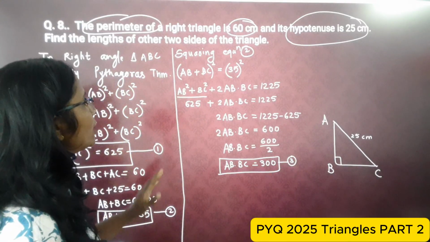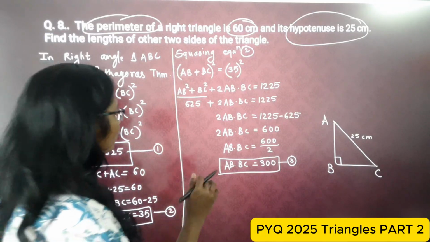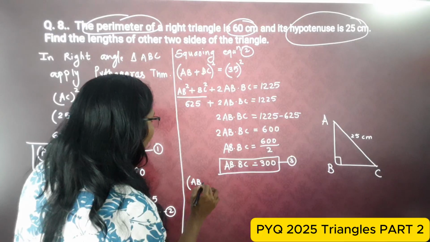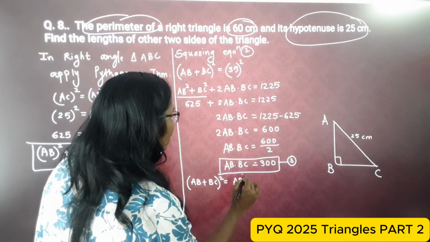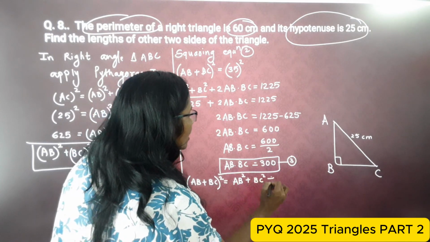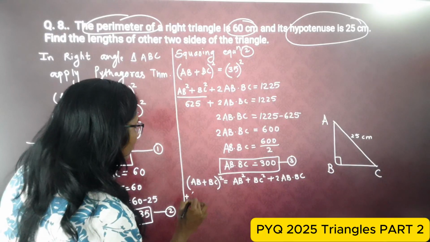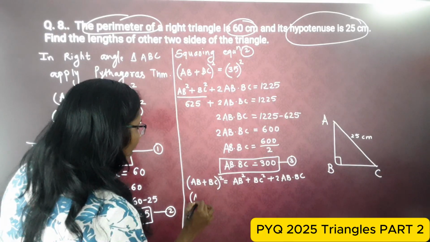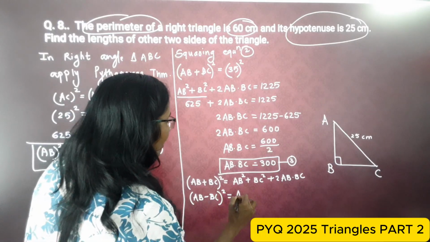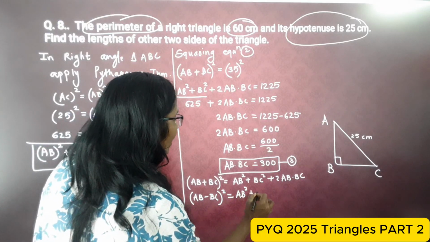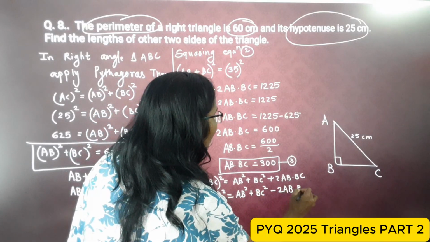Okay. Now here students, we have the expansion of (AB plus BC) whole square. So (AB plus BC) whole square is AB square plus BC square plus 2AB multiply BC. And then again I expand (AB minus BC) whole square, and the expansion is square of AB plus square of BC minus 2AB multiply BC.